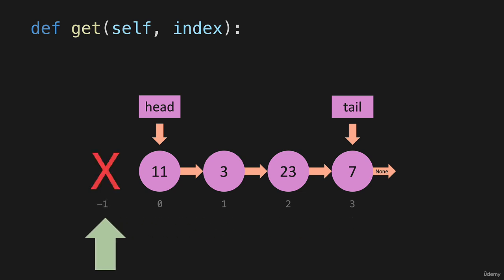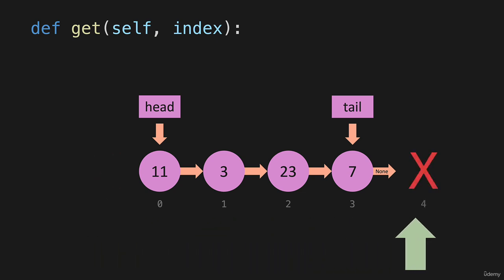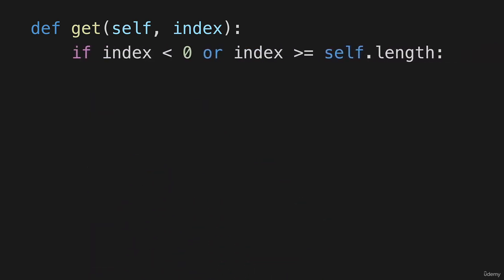We couldn't have anything out of range on this end, and we couldn't have anything out of range on this end. So we would say if the index is less than 0 or greater than or equal to the length, then we're going to return none. This is going to be the same in a singly or doubly linked list.